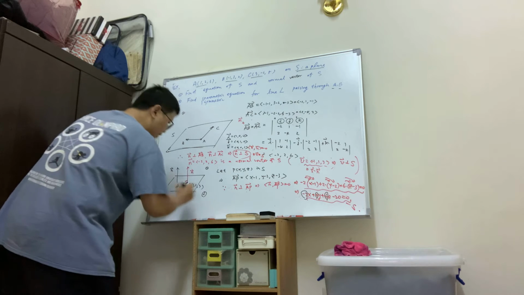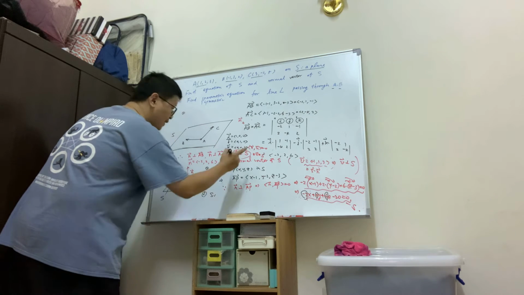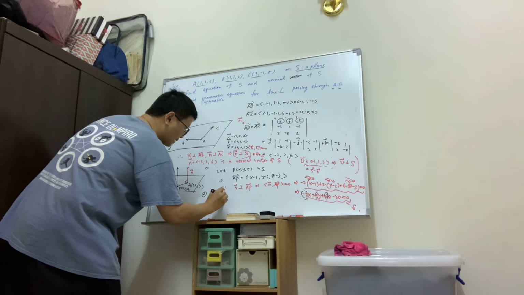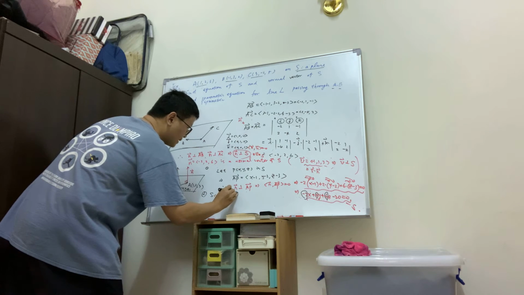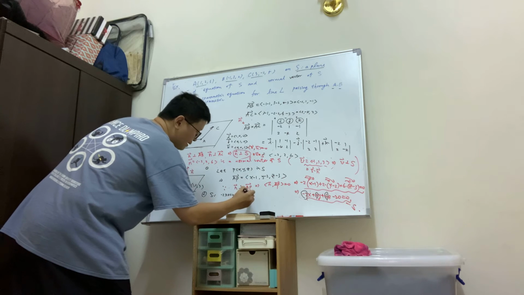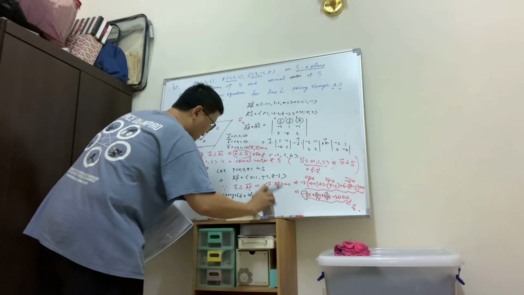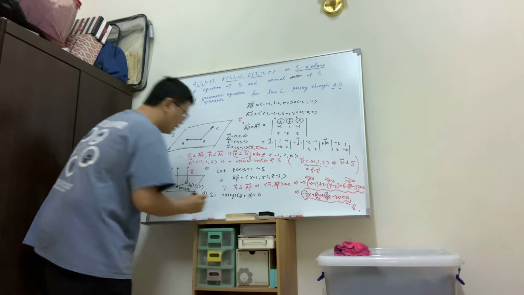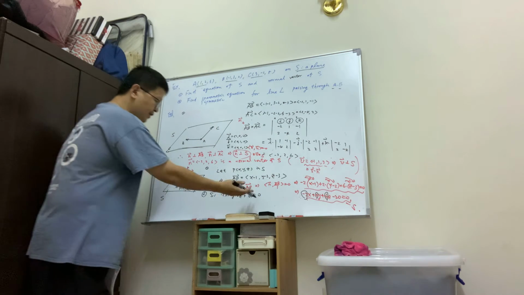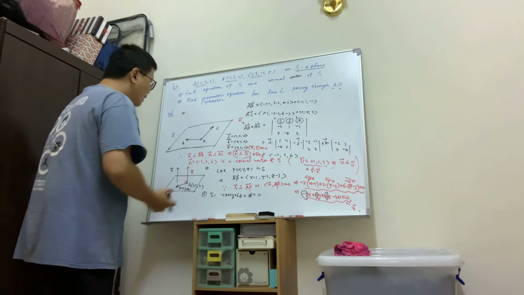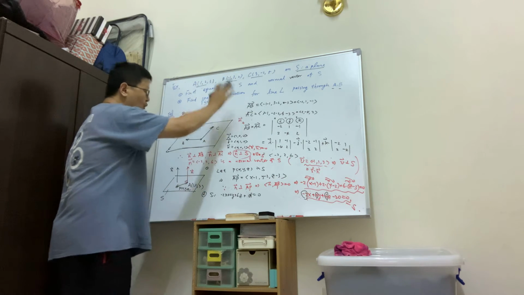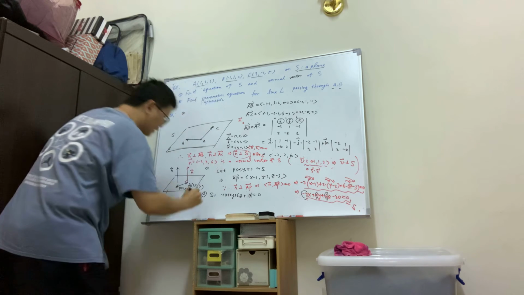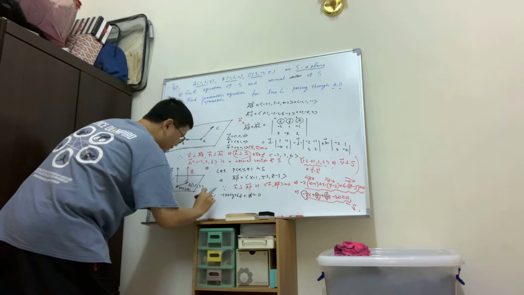Once we have the normal vector, the plane must be of the form negative 2x plus 2y plus 6z plus some constant d equals 0, but we don't know the constant d. We know that A, B, C are all in this plane, so you could plug in A or B or C.